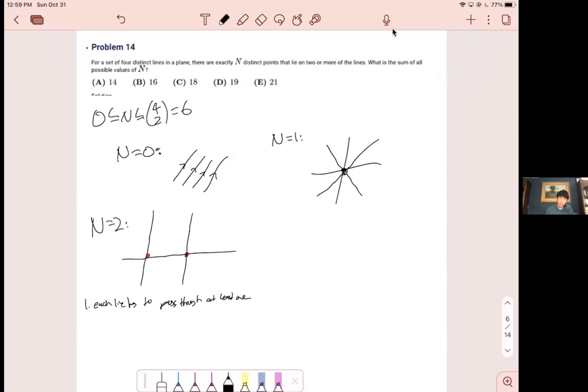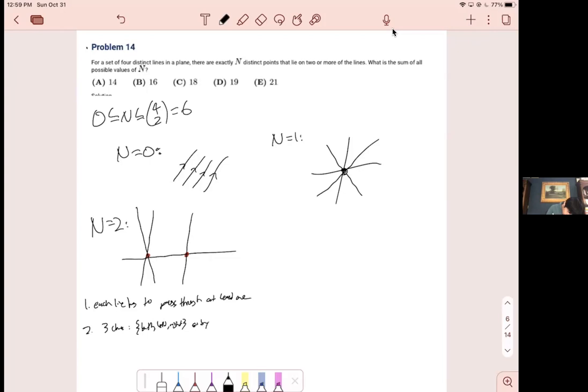There are 4 lines, and you end up having 2 lines go through the exact same set of points, because there are only 3 choices: you can go through both, or go through just the left one or just the right one.